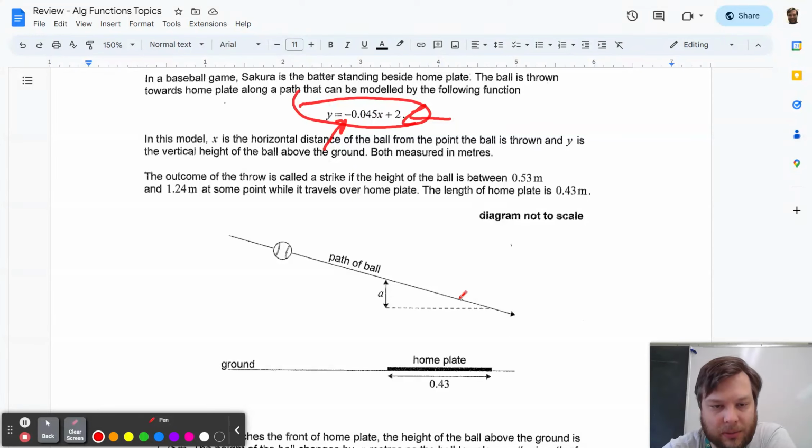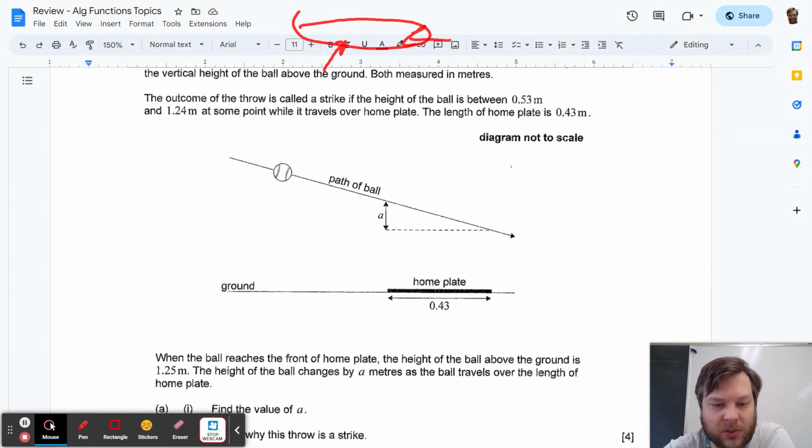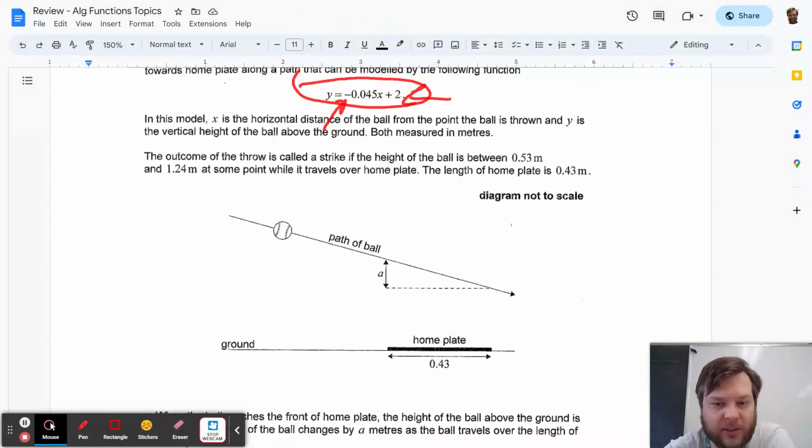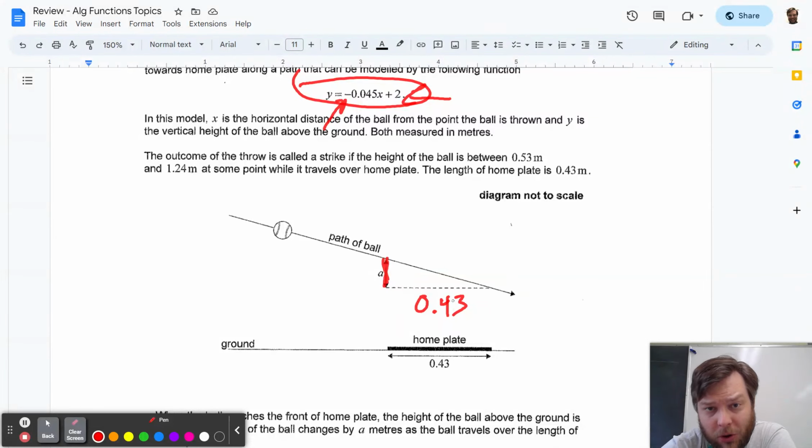And so the first question, what we're going to do is look at whether or not the ball is a strike and the value of A. So the value of A is just basically how much does the ball decrease in height while it's traveling over home plate, which is 0.43. Well, the slope tells you the change over one step to the right.